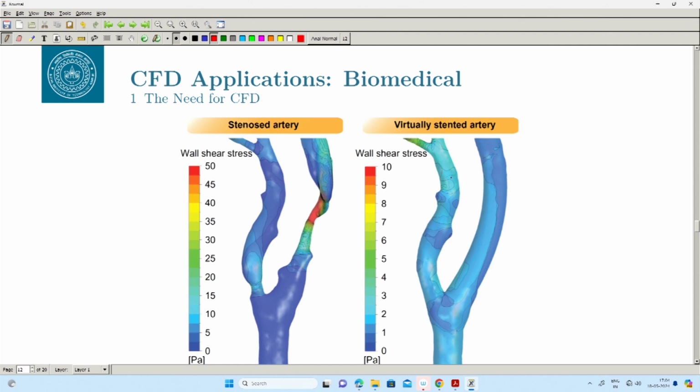So, that has to be done, but once you are satisfied with that validation and you think that your model is working, for example, in the human model, let us say you want to simulate the blood flow. Blood is a non-Newtonian fluid, it is not like air. So, the constitutive relation is different in the case of blood compared to a Newtonian fluid. Okay.